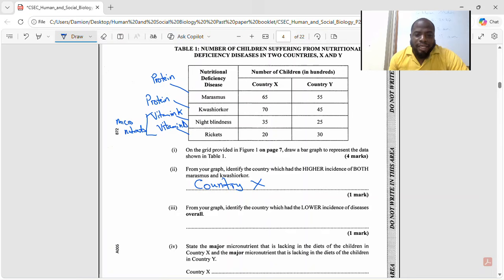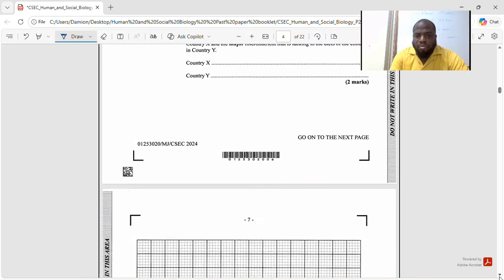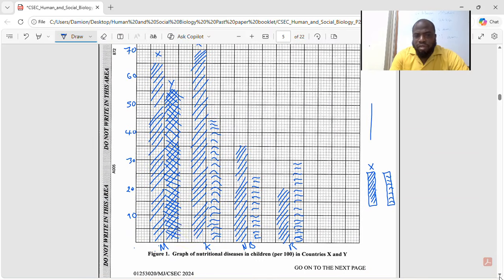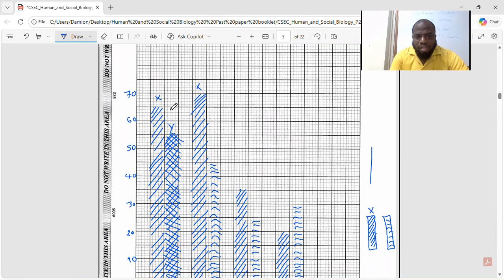From your graph, identify the country which had the lower incidence of diseases overall. From the graph, you can use a table as well. But even from the graph, looking at the numbers, what you would have done is look at the overall occurrence of the diseases, and we can add them up.